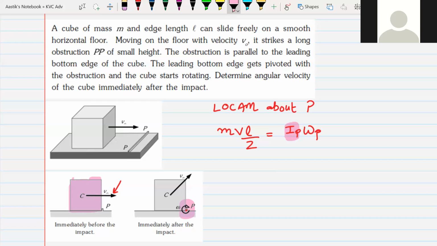The only problem is to find out the moment of inertia. As I told you, most of the questions in rotation in JEE Main will only come from one topic, and that would be to find out the moment of inertia.